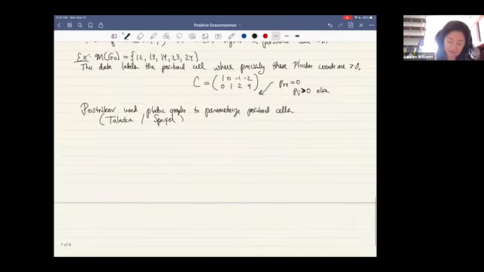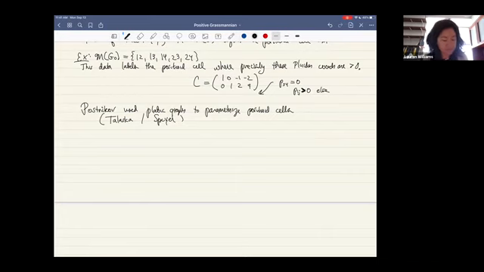So the formulation I'm giving is closer to the spirit of how Talaska and Spyer wrote down this sort of result.